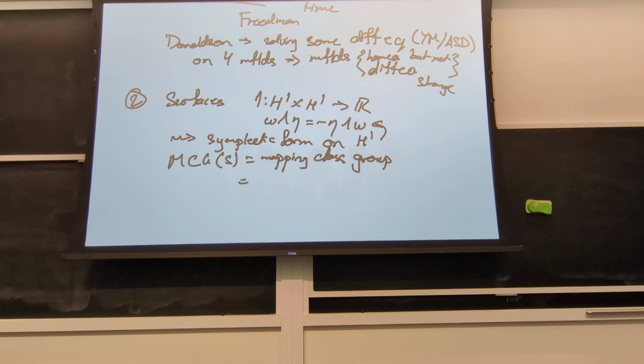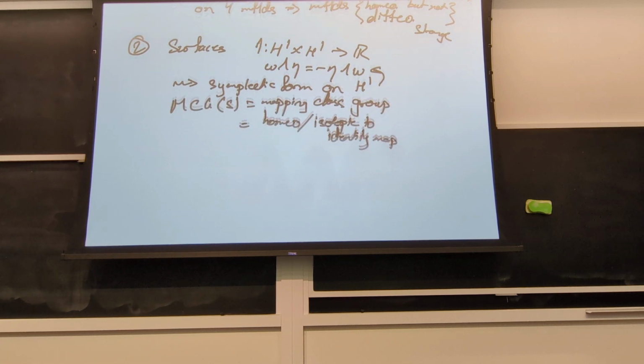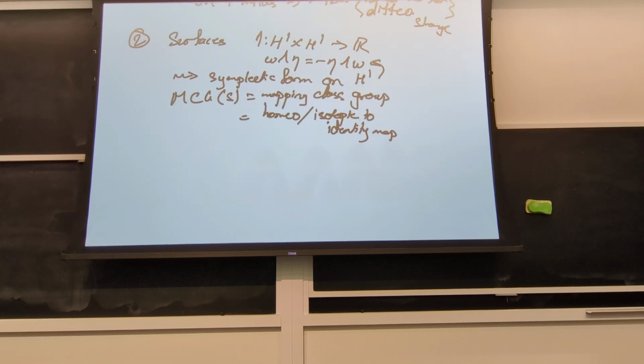This is equal to the homeomorphisms modulo those which are isotopic to the identity. So what does this mean? If you take something like a torus, then you can choose some homeomorphism of this torus that flows things around. But there are some homeomorphisms that cannot be obtained by flowing things around. For example, you have something called a Dehn twist.